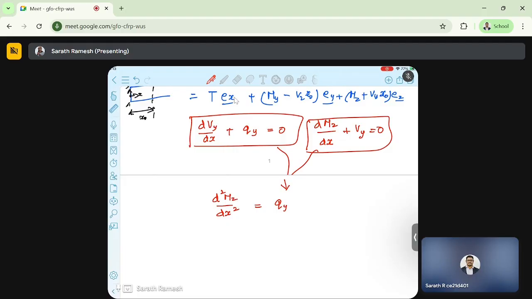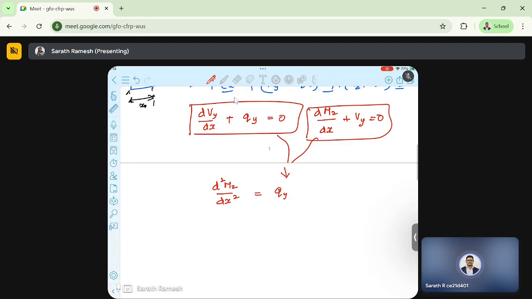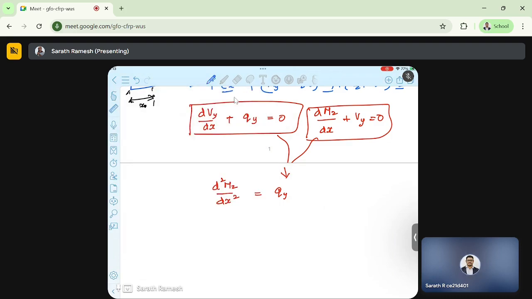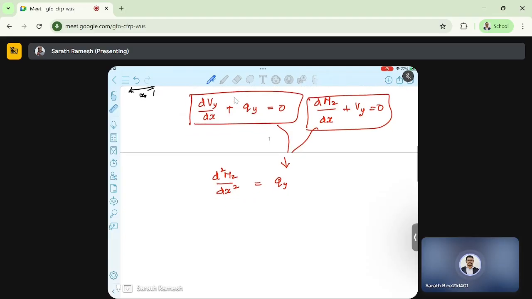Now, we would also have seen the relationship between the flexural rigidity, the radius of curvature, and the bending equation.